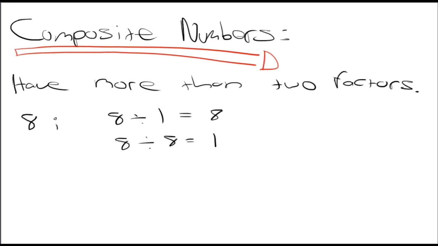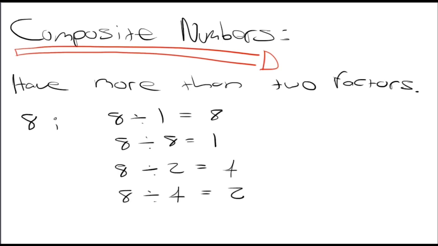And so at this point, you might be thinking to yourself, but that's exactly the same thing that you do to prime numbers. But it is, however, 8 can also be divided by other factors like 2 to give us 4.